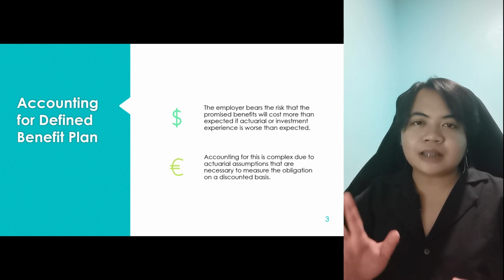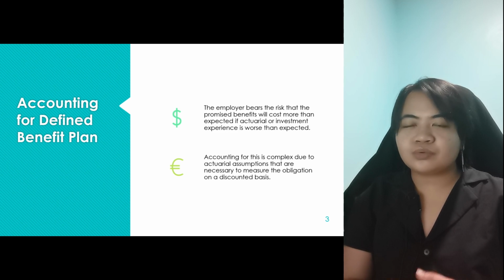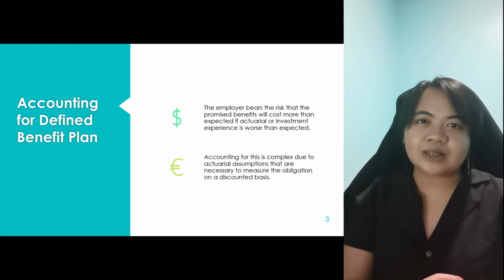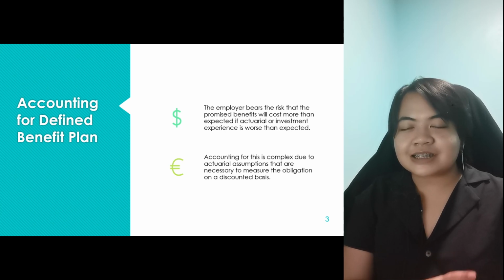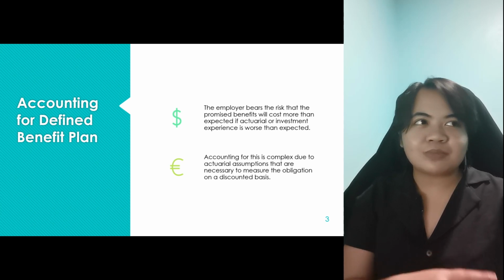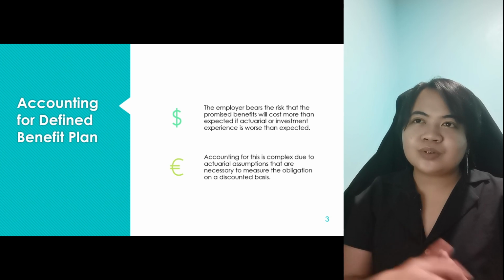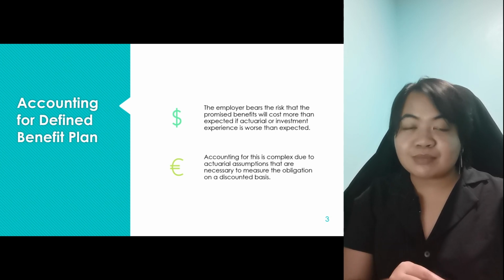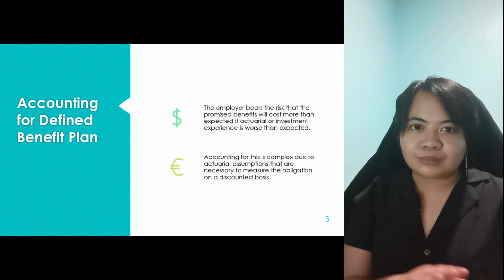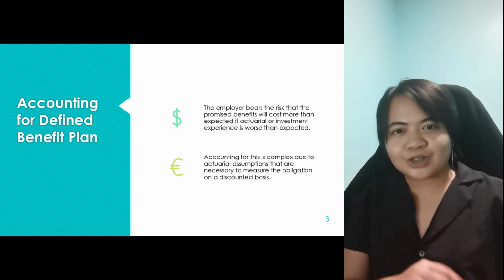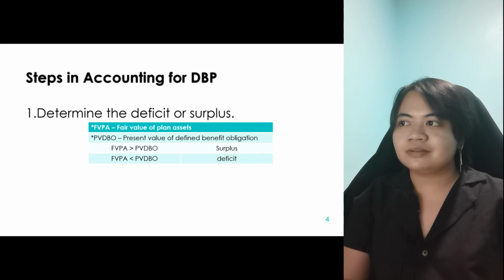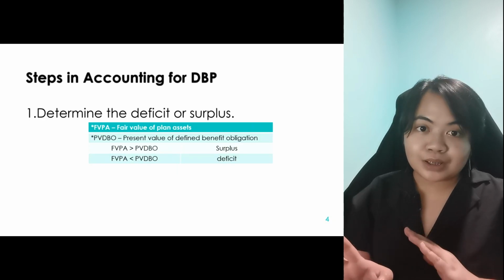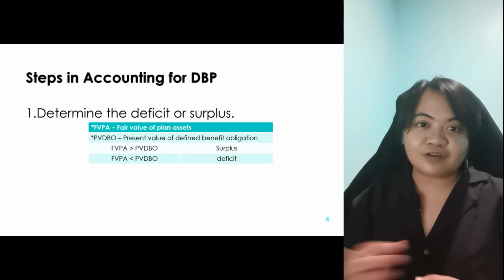So, the accounting daw dito is complex due to meron kasing tinitingnan na actuarial assumptions. Mamaya i-discuss natin kung ano yung actuarial assumptions. Ito yung mga nakaka-apekto doon sa performance ng investment doon sa financial institution kung nasaan yung retirement fund, usually. Okay, so we discuss the steps in accounting for defined benefit plan.